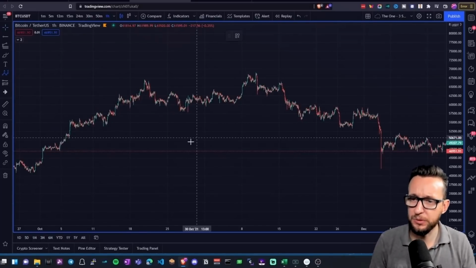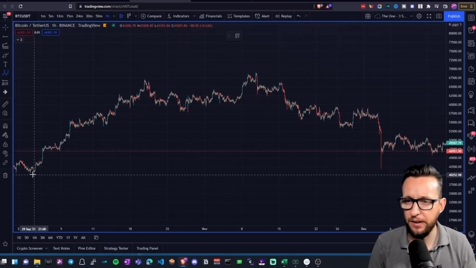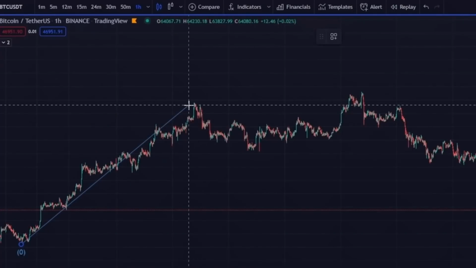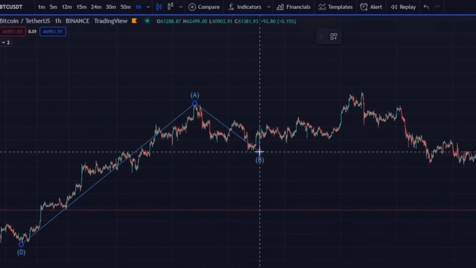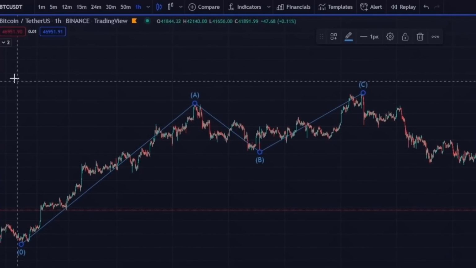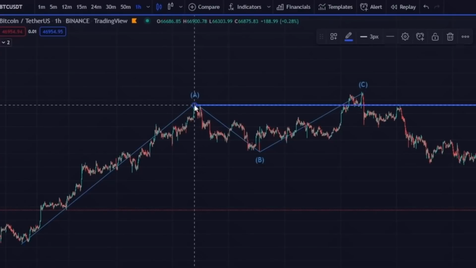So the difference between the ABC pattern that I've been doing previously, for everybody that knows the old ABC patterns, this was the previous ABC.